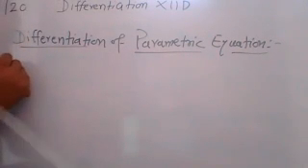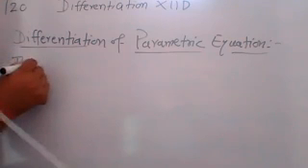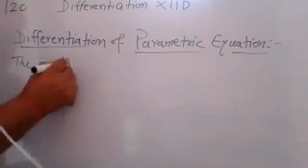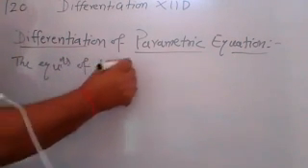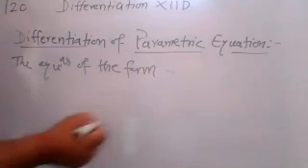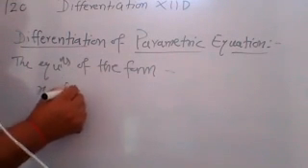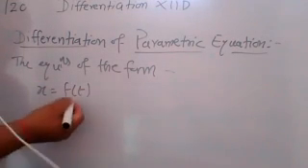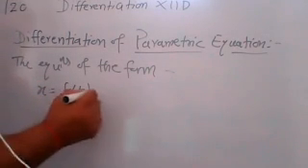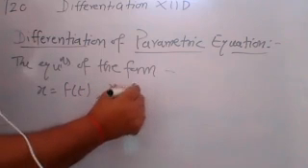So you write the equations of the form x is equal to f of t. Suppose t is here any parameter, and y is equal to g of t.